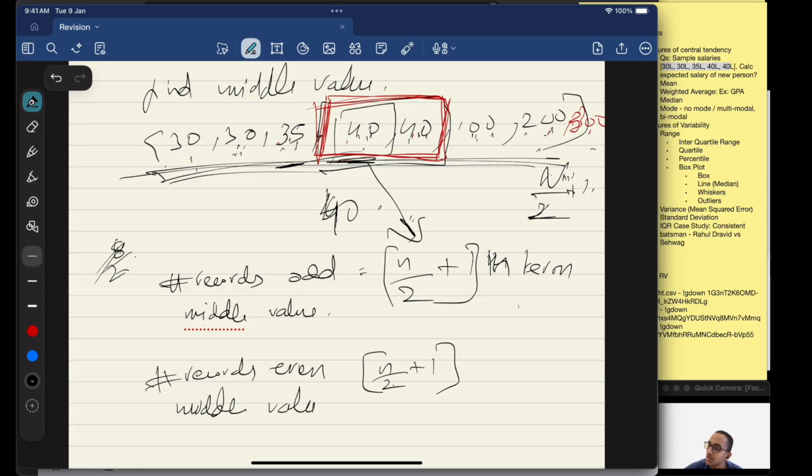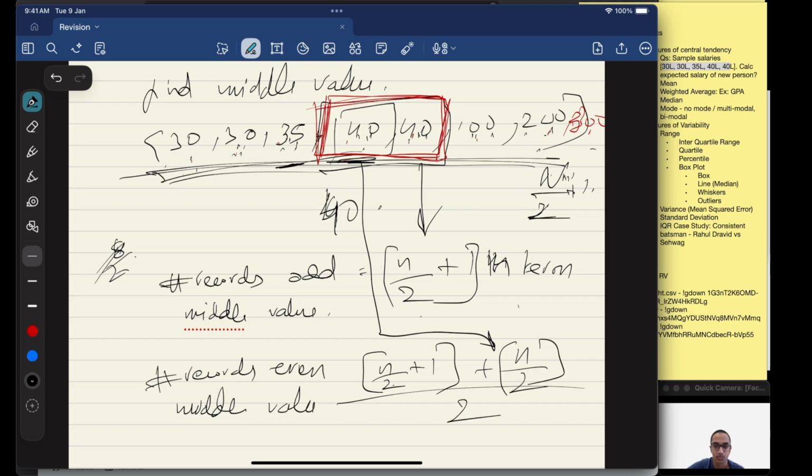This would be the 5th term, not this one. The 5th term we'll get by n by 2 plus 1. The 4th term we will get using n by 2 alone. So we take the n by 2th term and the n by 2 plus 1th term, and divide by 2. So we get the mean of the middle two values if the data set has an even number of values.